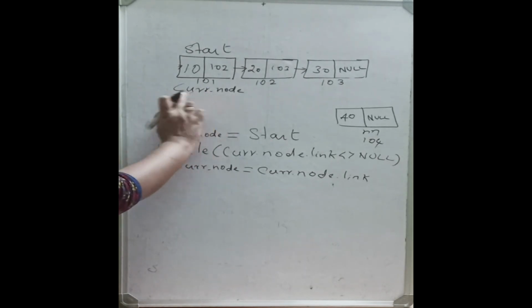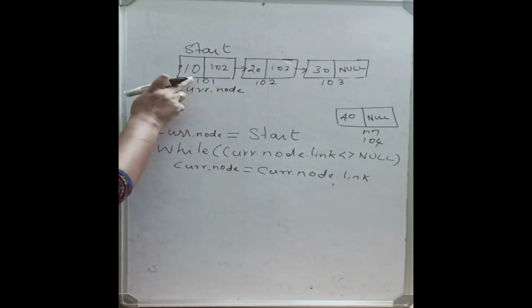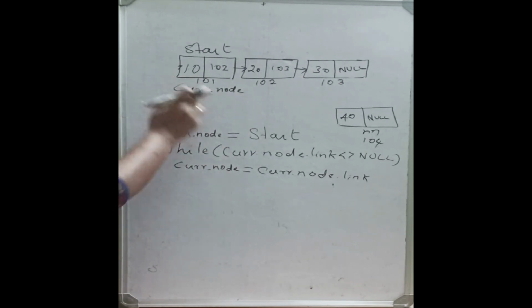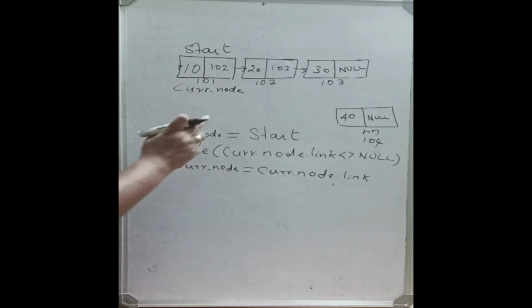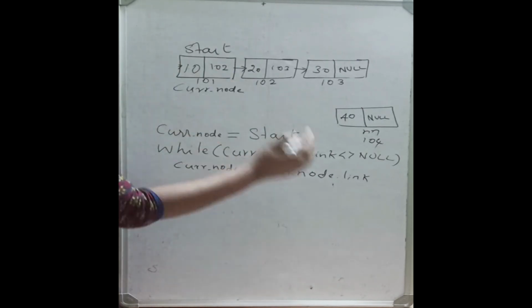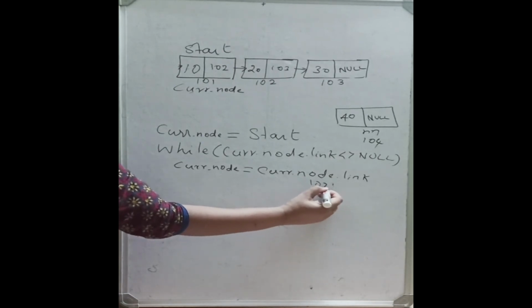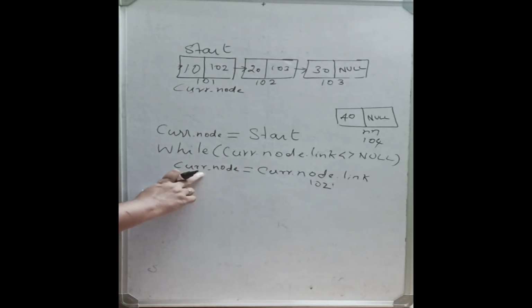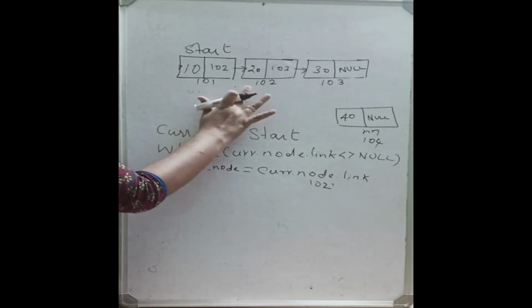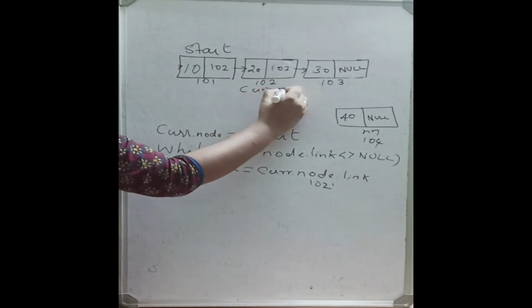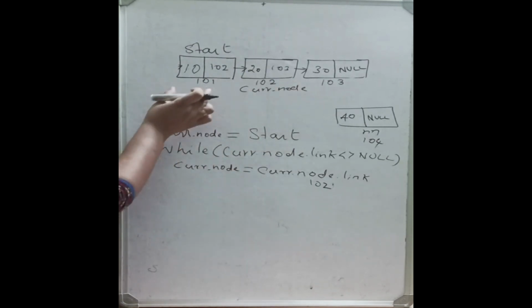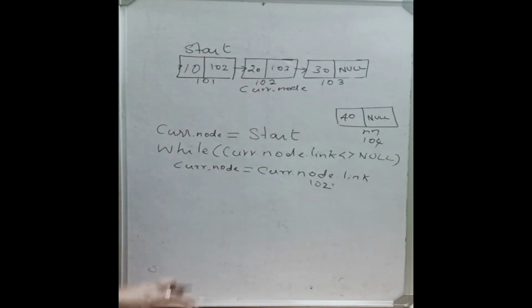Simply, the current node value was 101. Now we are going to replace 101 by 102, because in the current node link we have 102. So this value will be assigned to current node. Which means that instead of 101, the current node will point to 102. The current node pointer will move from here to here.